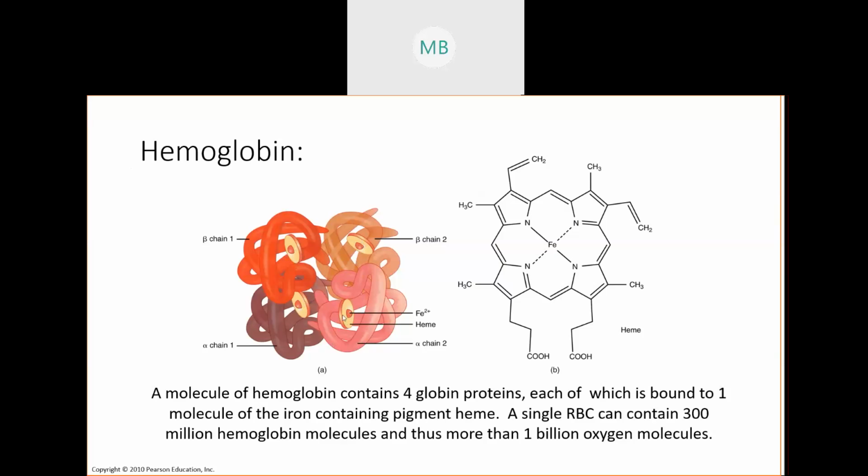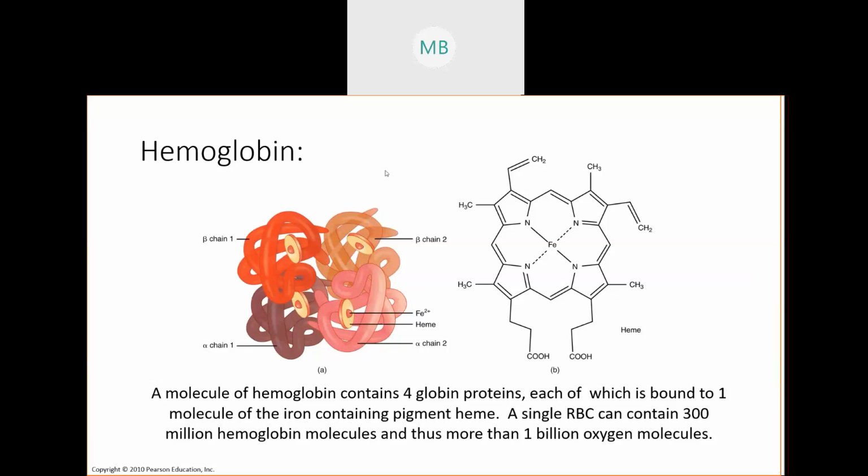Right? Because each red blood cell can hold up to a billion molecules, billion with a B, of oxygen. The reason they can do that is because they have around 425 million hemoglobin in them. So every single red blood cell you have in your body has roughly 425 million of these hemoglobins inside them.